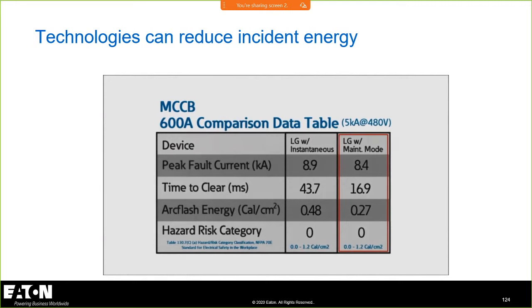Let's review the data. Current, voltage, and time are all determining factors of the magnitude of arc flash energy. Both circuit breakers were tested with roughly 5,000 amps of peak fault current at 480 volts.